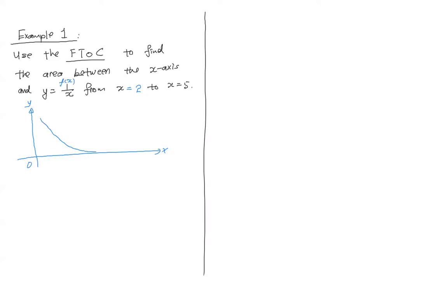Sorry. Is my graph correct? Anyone? So this is my y equal to 1 over x. This is my small letter f(x). From the fundamental theorem, I want to find the area from 2 to 5.